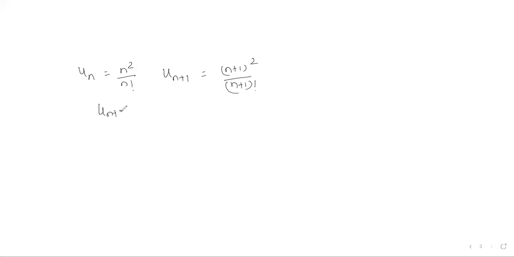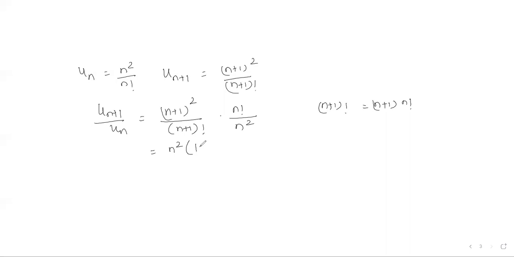Now let us find out un plus 1 by un. un plus 1 is n plus 1 whole square by n plus 1 factorial. Then we can reciprocate this and write n factorial by n square. We know n plus 1 factorial can be written as n plus 1 into n factorial. And from n plus 1 the whole square, if I take n outside, I can write that as n square into 1 plus 1 by n the whole square.